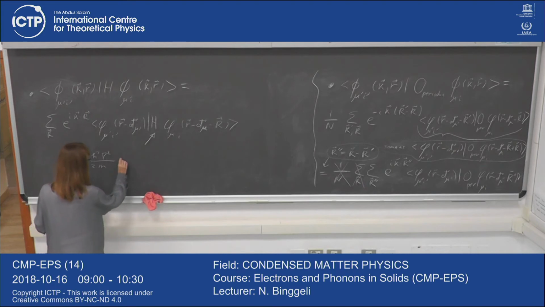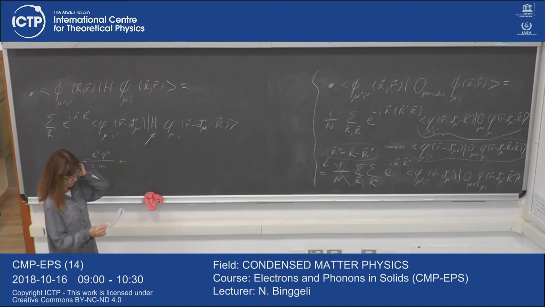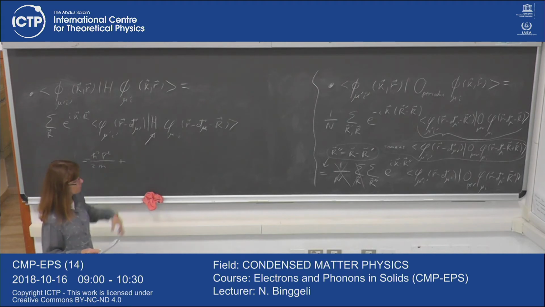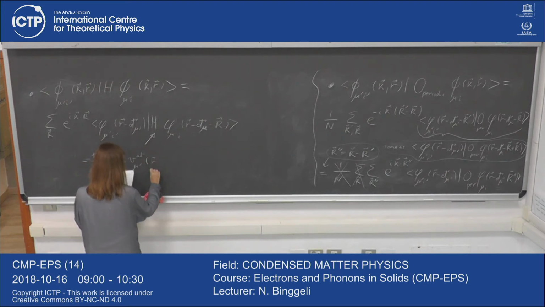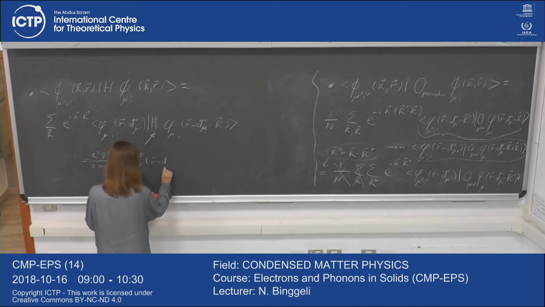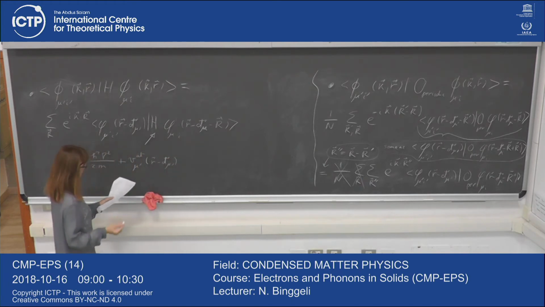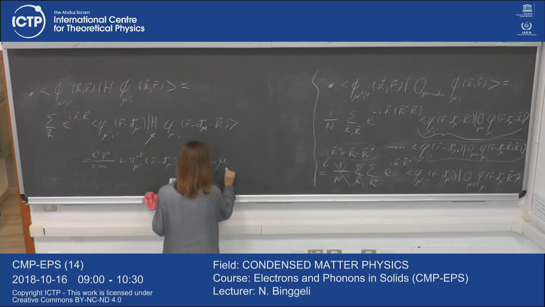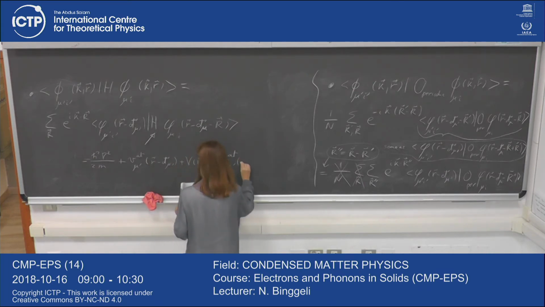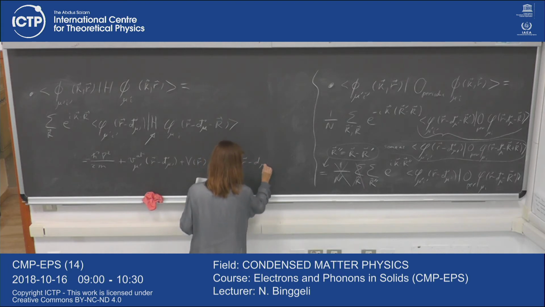Then the crystal potential, which is a sum of atomic potential, and I will sum and subtract the same thing: I will write the crystal potential, and then I will subtract the V atomic of mu prime of r minus d mu prime.